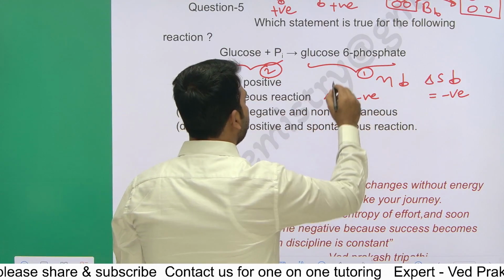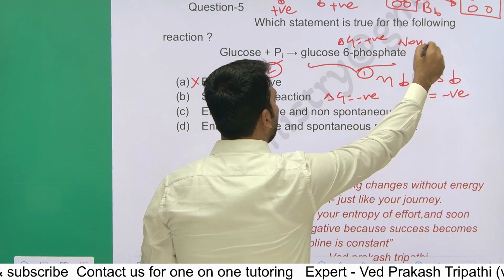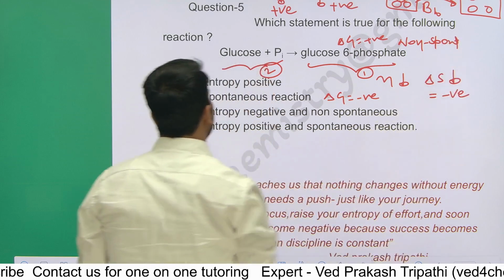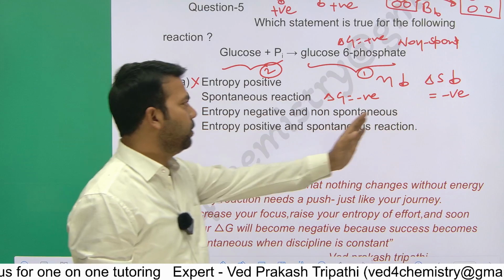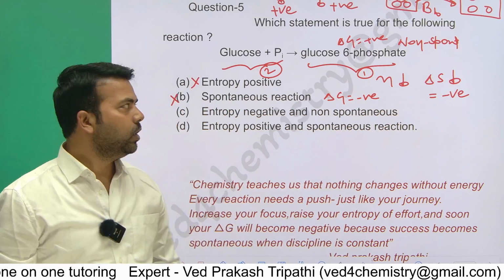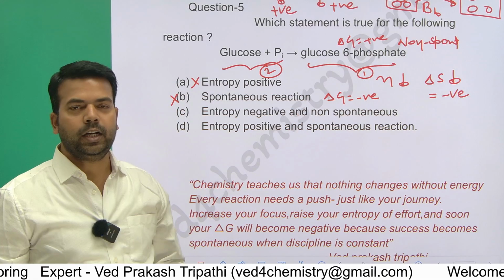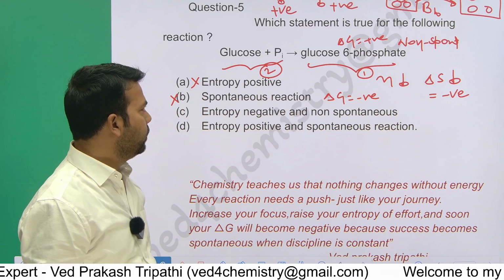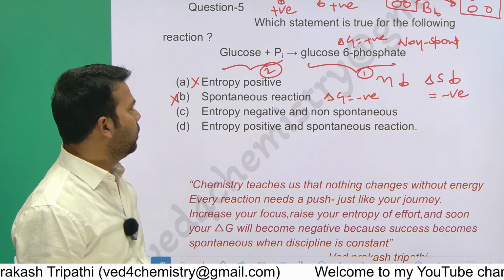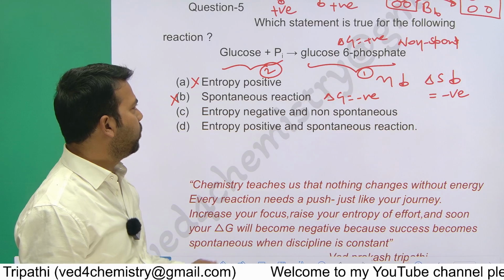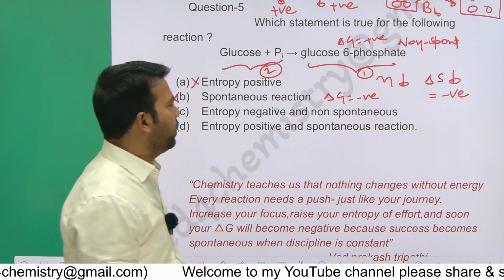Delta G is positive here, which means non-spontaneous. So this is wrong. Entropy negative: yes, we have negative entropy because moles decrease, and the reaction is non-spontaneous. Yes, delta G is positive, so non-spontaneous, correct.